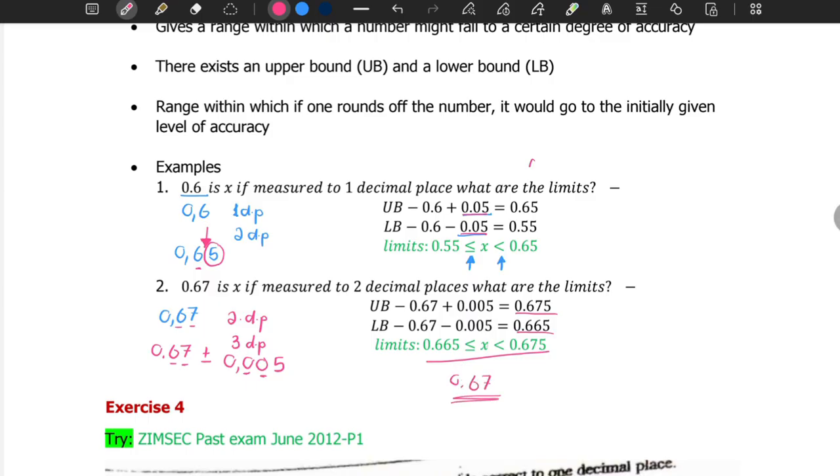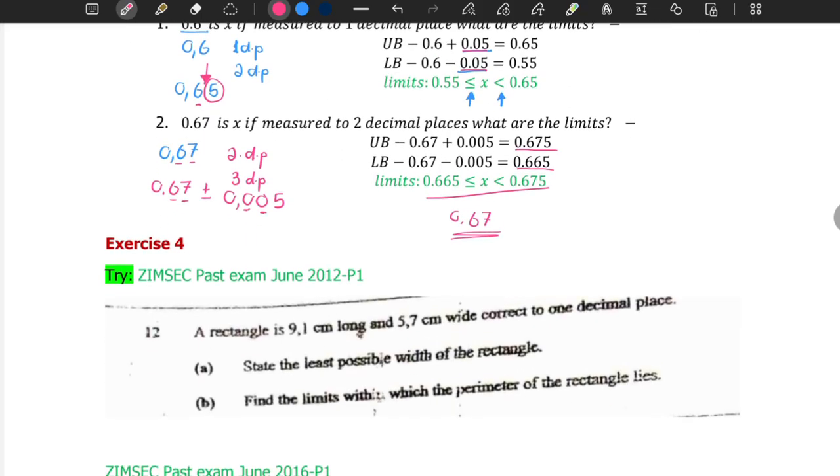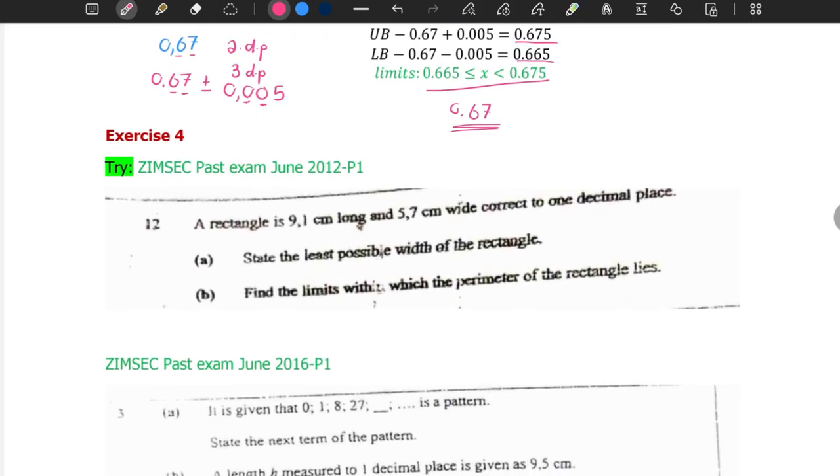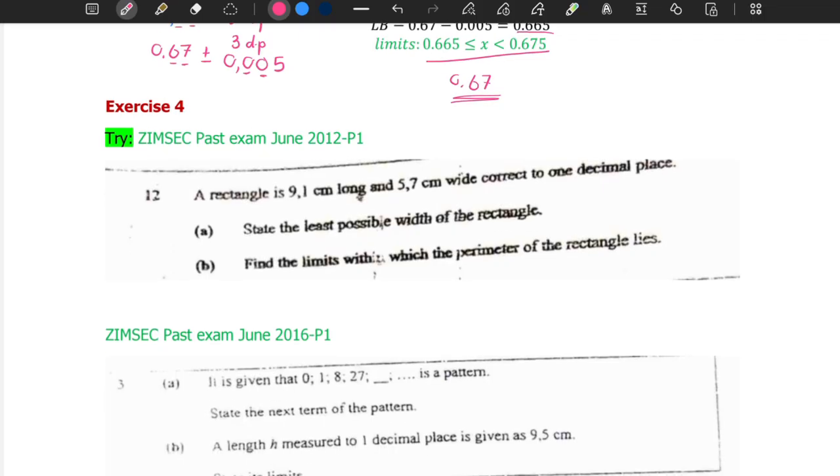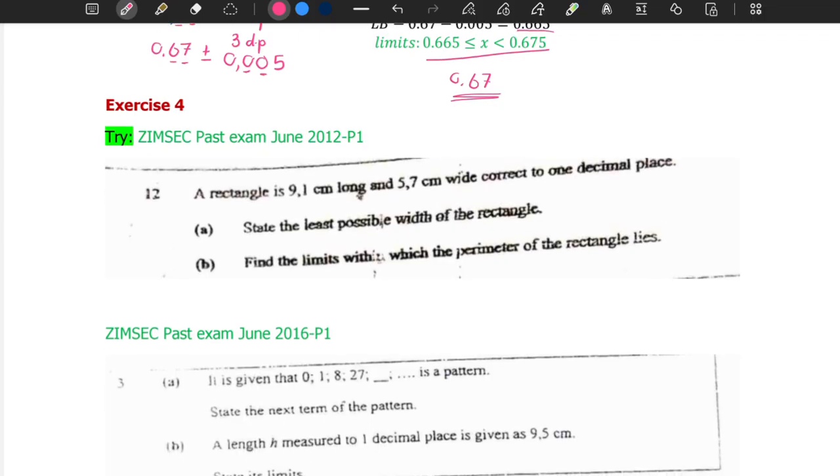You can try any number between that range. An example would be what's captured in the ZIMSEC past exam for June 2012, part 1, where they say a rectangle is 9.1 centimeters long and 5.7 centimeters wide, correct to one decimal place. State the least possible width. When you look at the width, it's 5.7 centimeters, but this is to one decimal place.